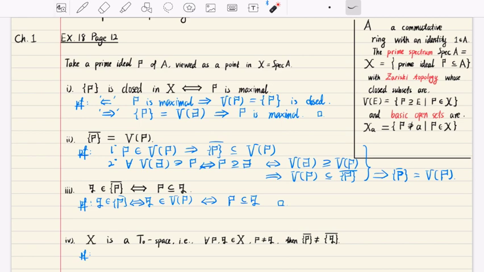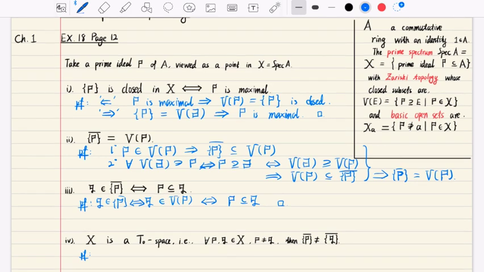I choose a very simple one, and you can prove by yourself. This one is equivalent to the definition in his hint, but this one is just simpler.